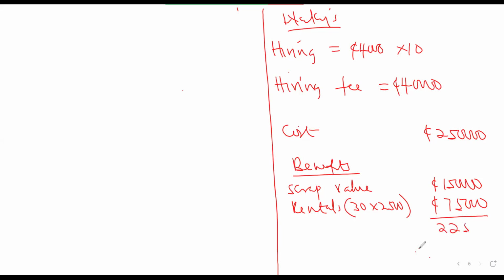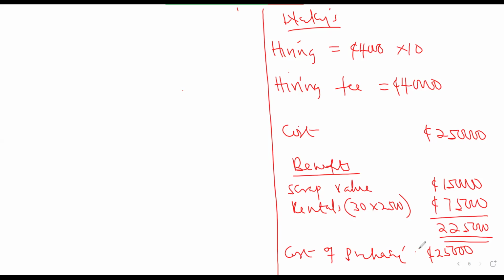What will be the total benefit? 225,000. Okay. So what will be the cost that you'll be spending at the end of the day? 25,000. So the cost of purchasing is now going to be 25,000. Between the hiring and purchasing, which option are you going to take? Purchase.